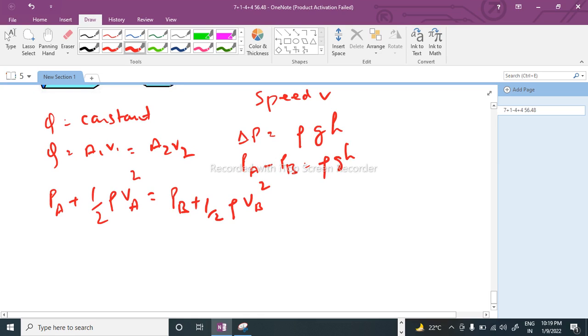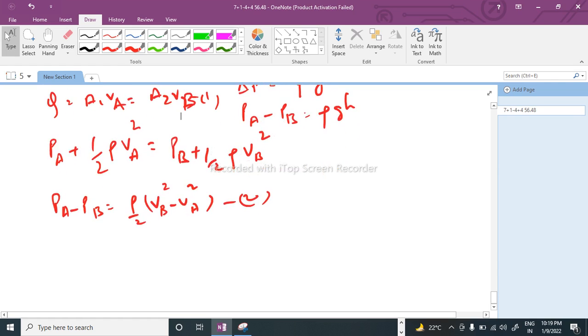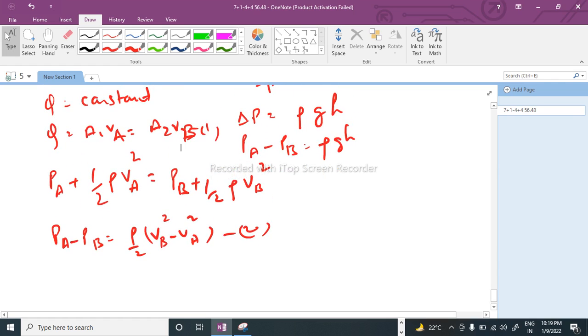So from here we are getting PA minus PB is equal to rho by 2 into VB square minus VA square. So we can name the equations. This is our equation 1 and this is equation 2. Here V1 means VA and V2 means VB. So we will be using those equations.